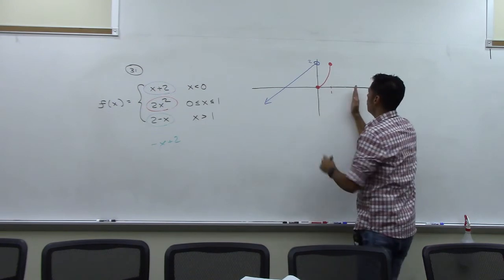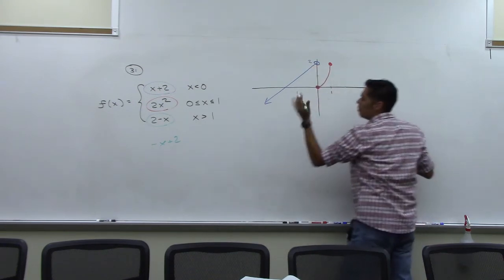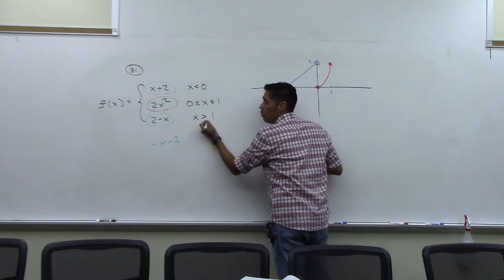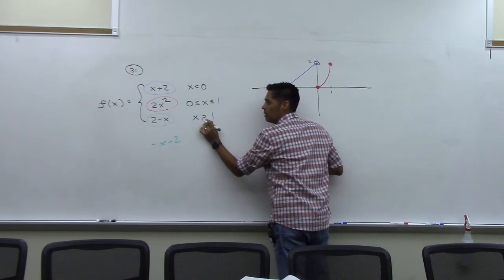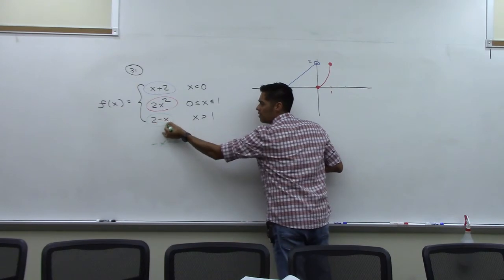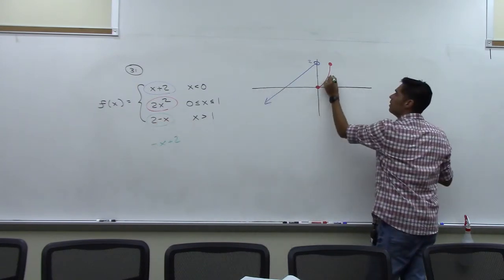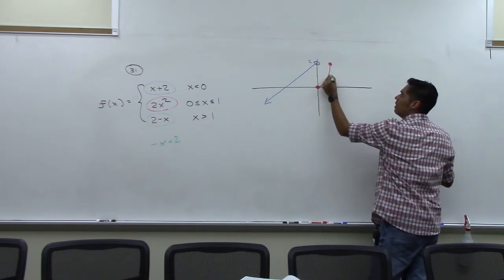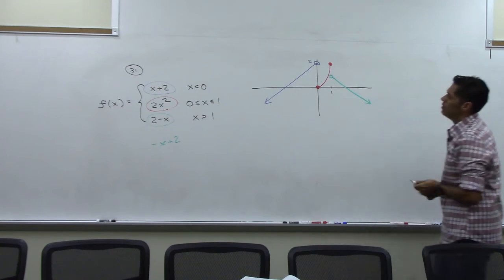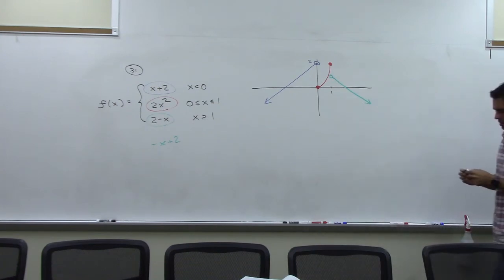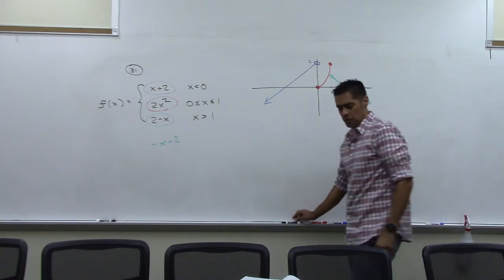If you were able to plug in 1, you would get 2 minus 1, which is 1. So you would be here, which makes sense, since you're on that line. I'm going to put an open circle here and then continue the line like that. So that is the graph of that piecewise function.